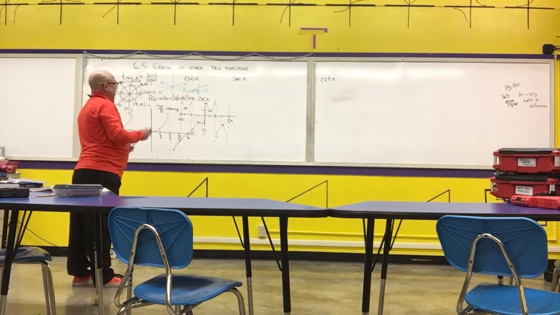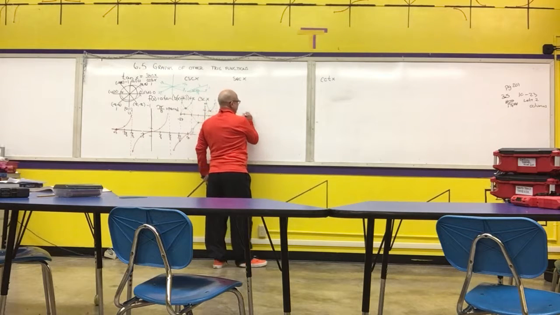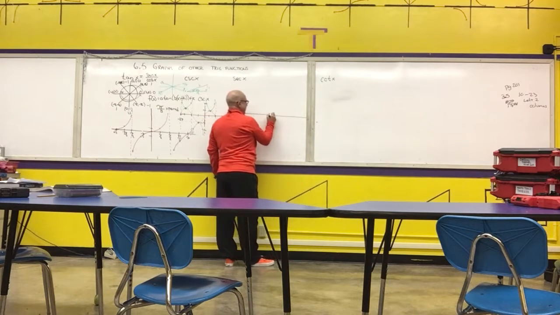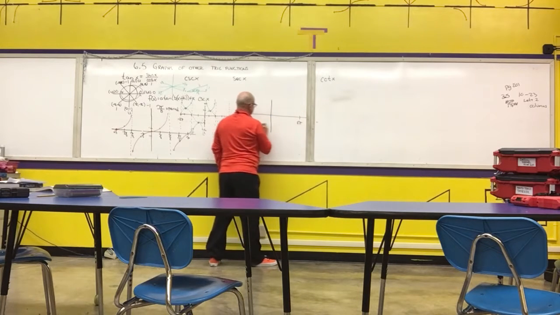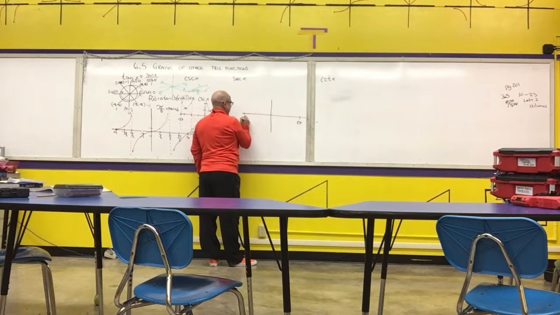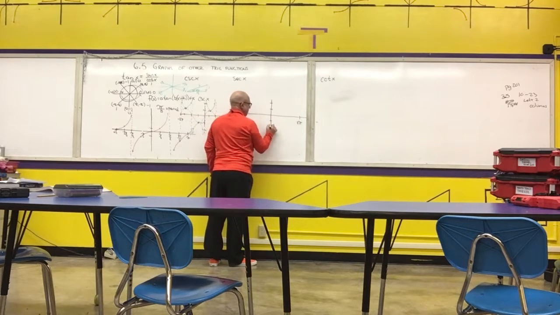So similarly, I am going to graph the secant function by first graphing the cosine function. So pi, actually that's 2 pi, negative 2 pi, 1, 2, 1, 2.